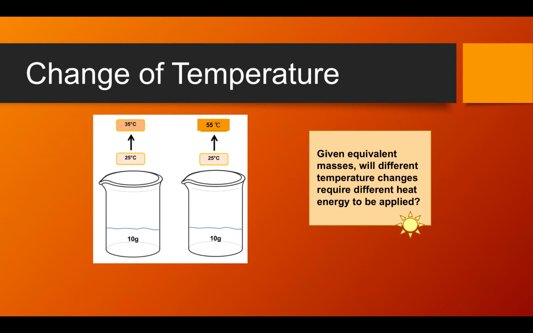On the left-hand side, we want to raise the temperature just 10 degrees, but on the right-hand side, we want to raise the temperature of the 10 grams of water by 30 degrees, from 25 degrees Celsius to 55 Celsius. Will the same masses of water require more energy to raise the temperature different amounts? I think you all understood that heat depends on change of temperature. So now we know that it depends on mass and it depends on the amount of temperature change.